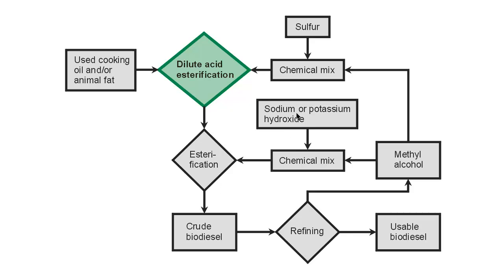That's what this sodium and potassium hydroxide is. It's an alkaline substance. So what we get here basically is a looping cycle where we work over and over again to simply refine the fuel into diesel that your vehicle can burn.